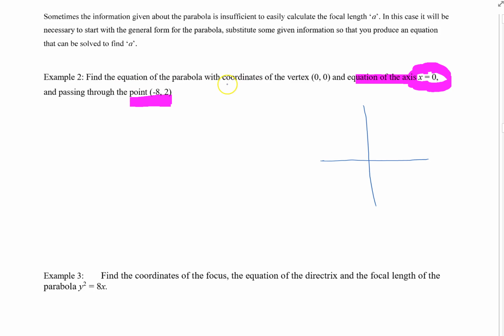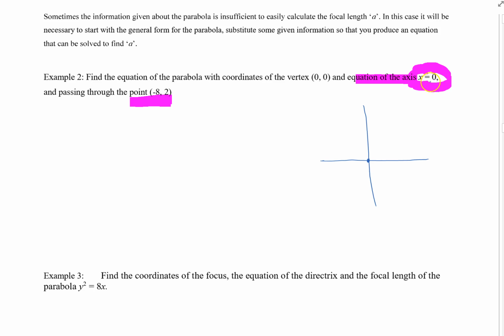So the parabola with the vertex at 0, 0. Well, that's great, but there's any one of 4 parabolas that basically I could choose the equations that have their vertex at 0, 0. The equation of the axis, and that is the axis of symmetry, the axis is the middle, and it will be sometimes just referred to as the axis, is x is equal to 0.